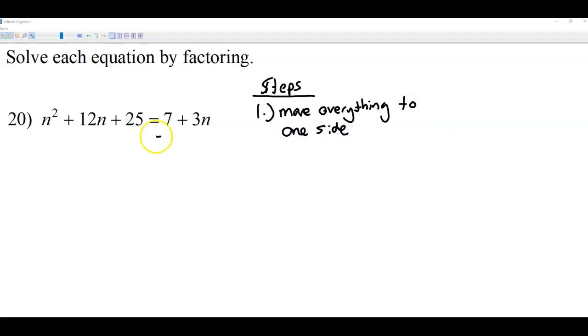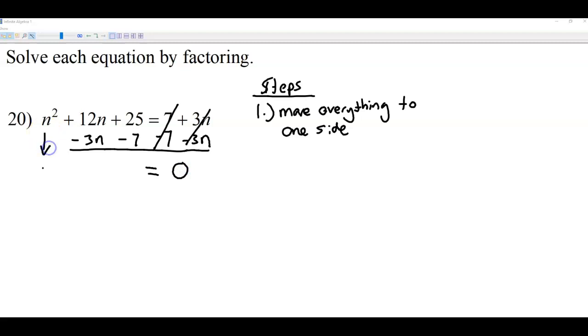So I'm going to subtract this 7 on both sides, making sure you line it up with like terms as you do so. I'm also going to move this 3n off of this side, lining it up with its like term. So now on the right side we'll have 0 because there's nothing left over there.